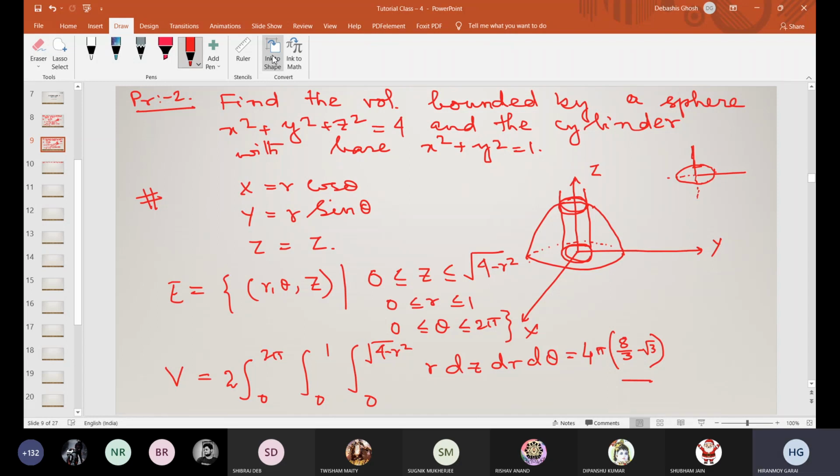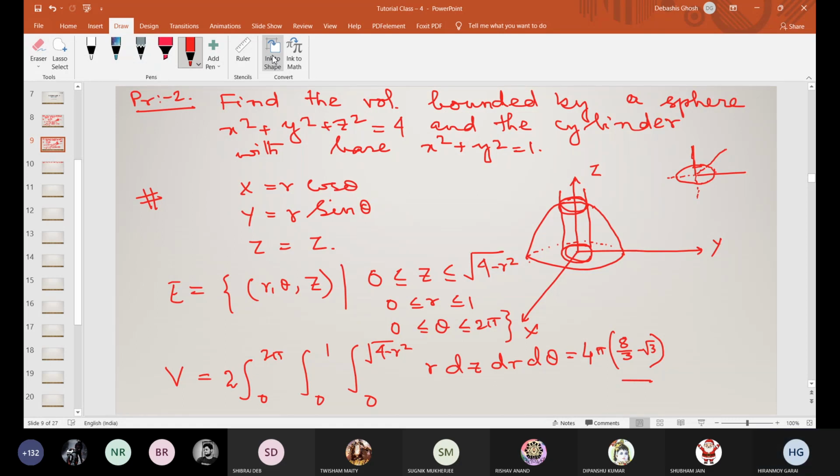Now if you rotate this one, you will get one 3-dimensional figure. If we rotate this in the y-axis, it will not give you that type of ellipsoid.